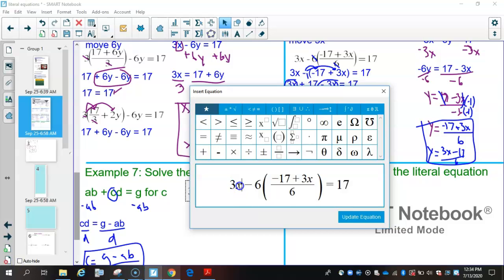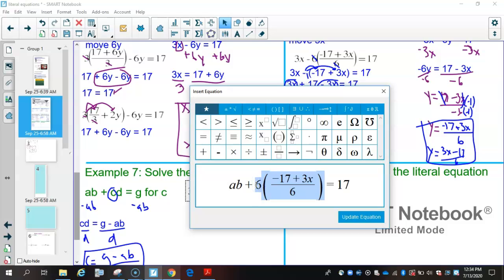this now becomes AB plus C, I'm sorry, that's what we're trying to solve for. So this is a little different.